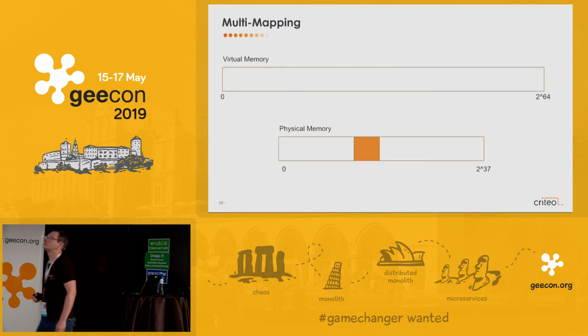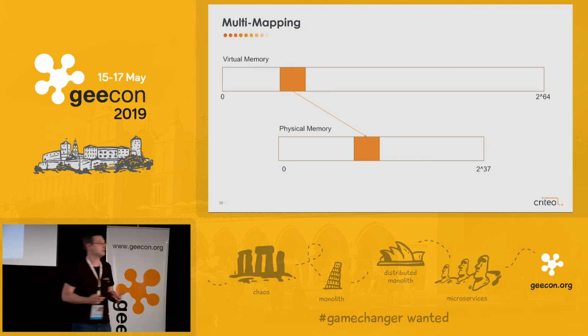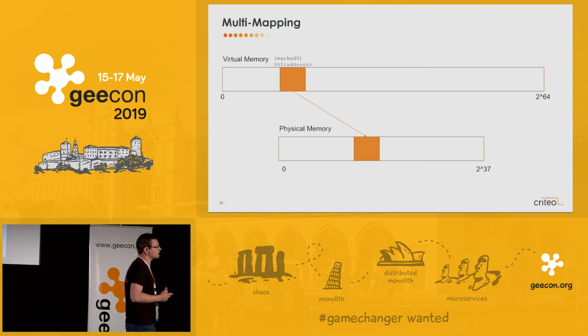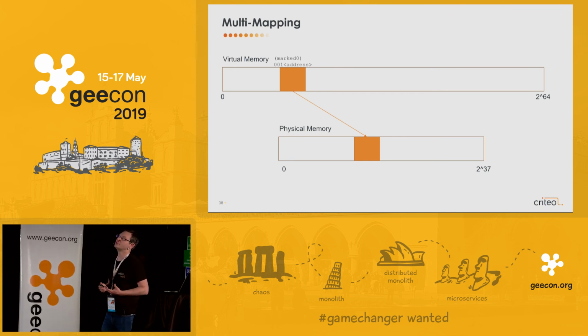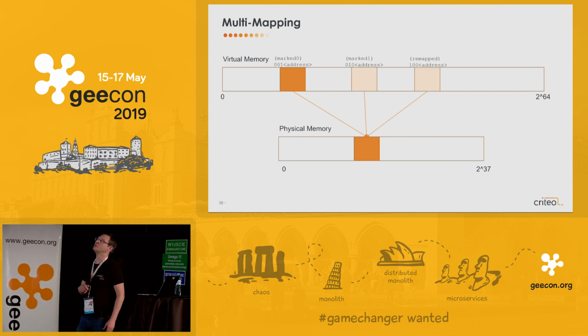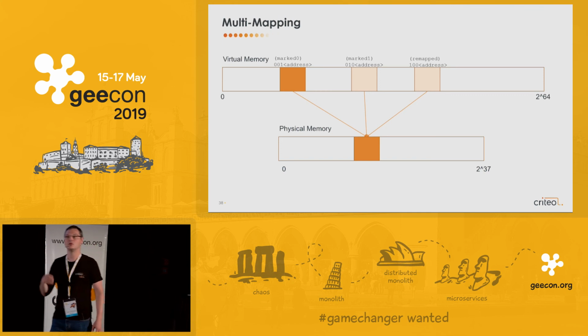So how does it work? We have one physical memory allocated page, and for each bit that could be set in the metadata information, we have a view allocated in virtual memory pointing to the same physical page.